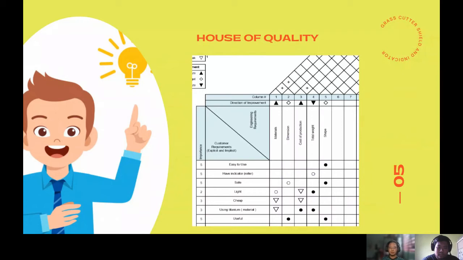By that, we did research on the engineering requirements that we must also consider in this project, such as the materials, dimensions of the shield, cost of production, total weight, and shape of the shield. So we made the house of quality from this investigation, listed everything in the diagram and marked every requirement. So next I will pass to Firdaus.